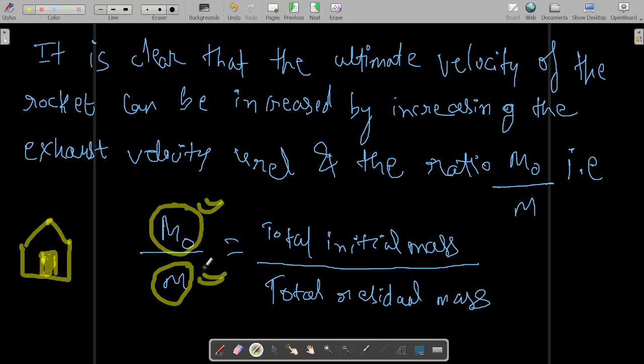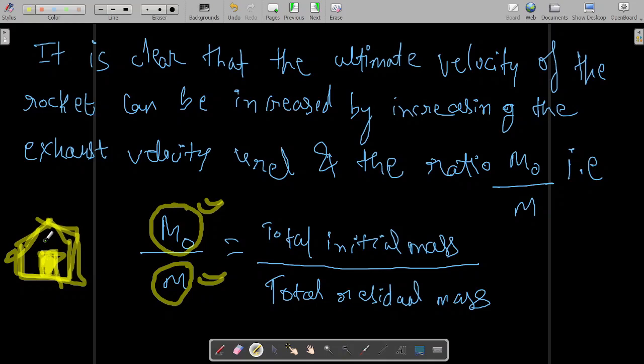Now in order to keep the initial mass very high, I will have to keep a heavy fuel, and the limitation is that in order to keep a heavy fuel, you have to make a heavy rocket so that the fuel is held by the rocket, because a light rocket cannot bear the heavy fuel.